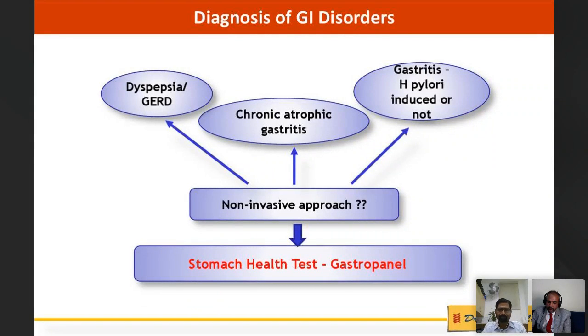If we think about a non-invasive approach from a general practitioner's point of view in a setting where endoscopy is not accessible to all, then we can think about GastroPanel or stomach health test.